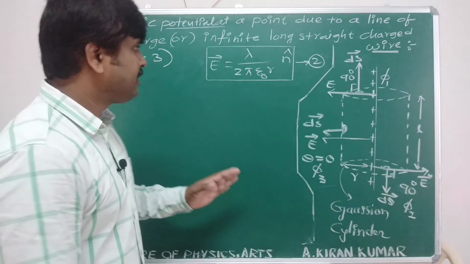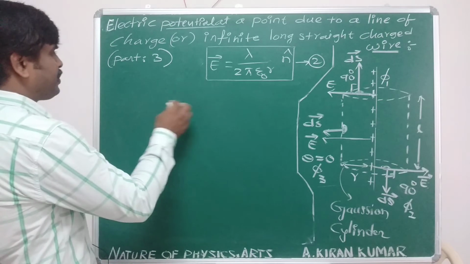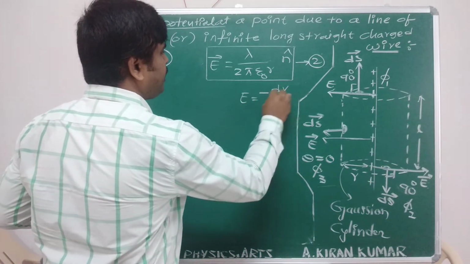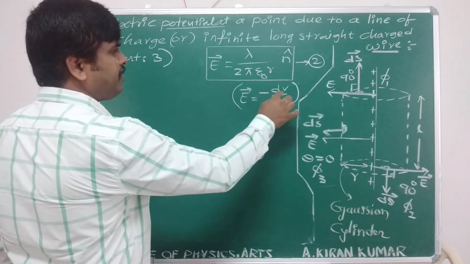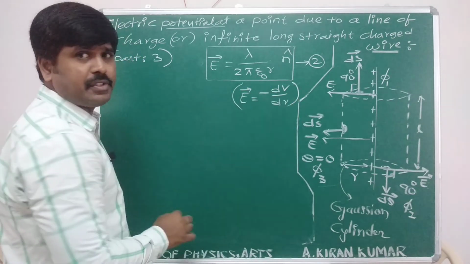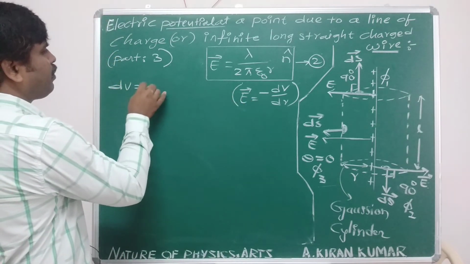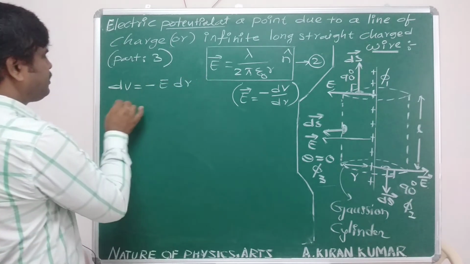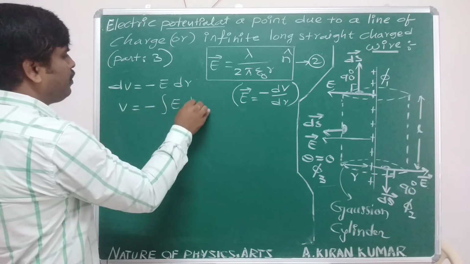We will discuss based on the electric field intensity and the E-V-D relation, where E is equal to minus dV divided by dr. E is the electric field intensity, V is the potential, and r is the radius. So dV is equal to minus E into dr, and V is equal to minus the integral of E into dr.